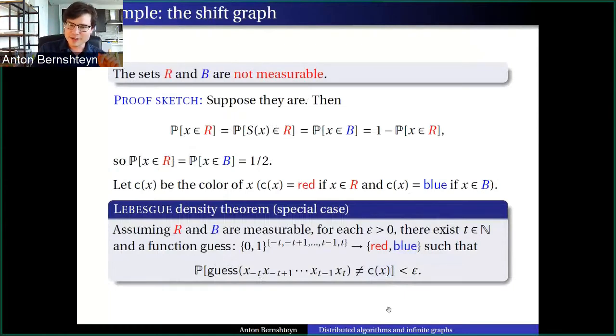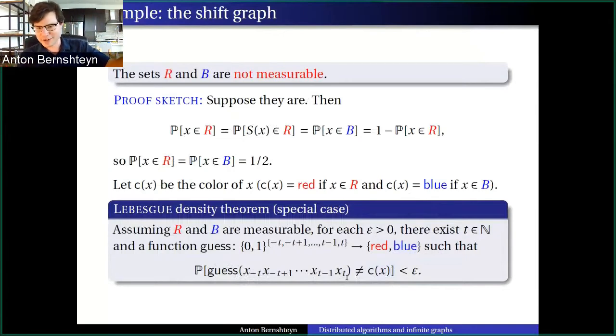However, if I allow myself a small probability of error, I can do this by only looking at finitely many of those coin flips. What I do is look at only the entries at the positions -t+1 up to t. So there are these 2t+1 digits from the infinite sequence that I look at, and based on just this finite input, I guess whether the color is red or blue.